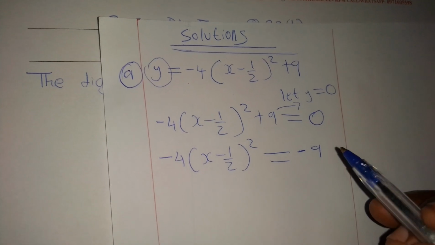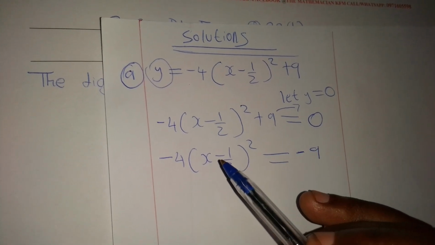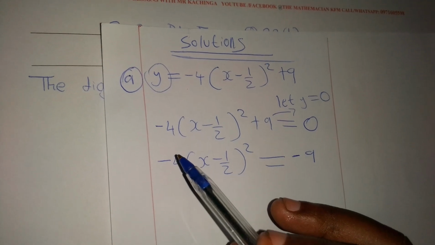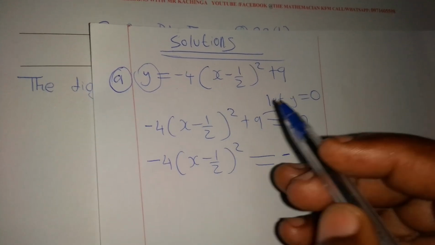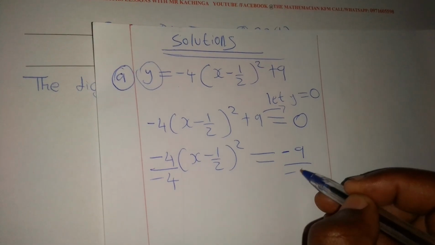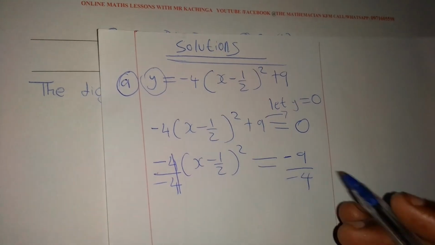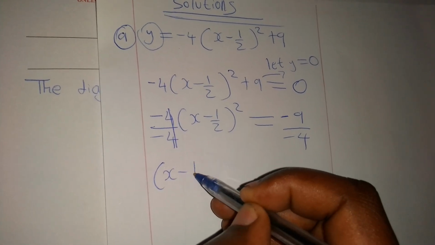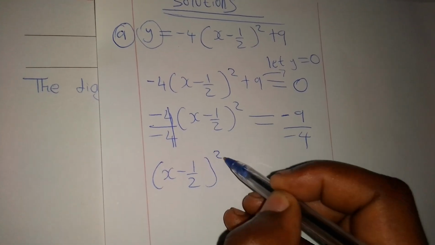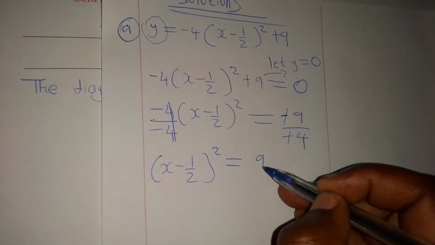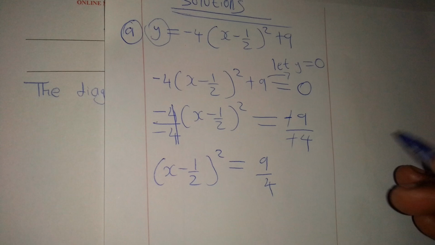From here, to find the value of x, I can get rid of -4 by dividing by -4 on both sides, to make my work easy. So it becomes (x - 1/2)^2 equals, these negatives cancel, I'll remain with 9 over 4.